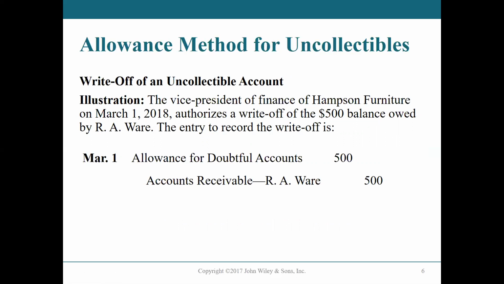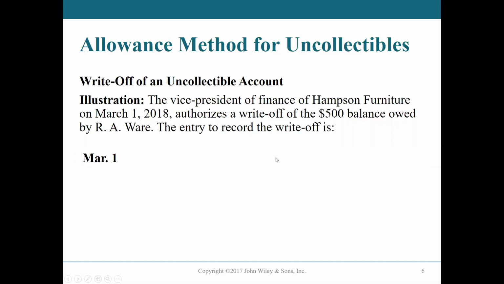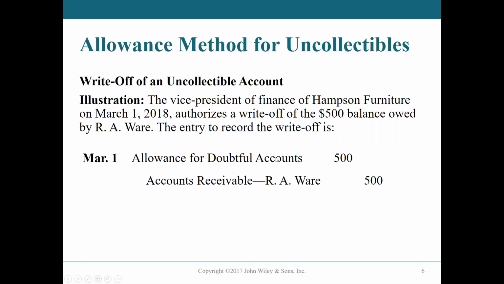If I debit the allowance for doubtful accounts and credit the accounts receivable, my net realizable value is not going to change, right? Because accounts receivable will go down, and then the allowance. Actually, I take it back. Can you repeat that? No, I'm not going to repeat it because I screwed it up. I take it back.